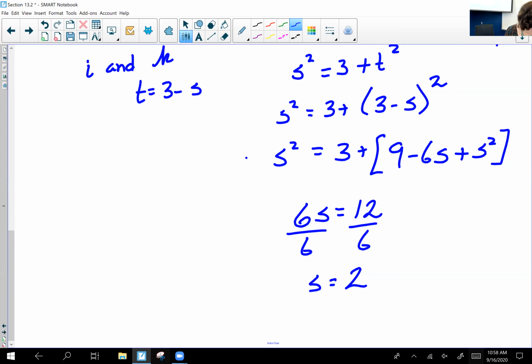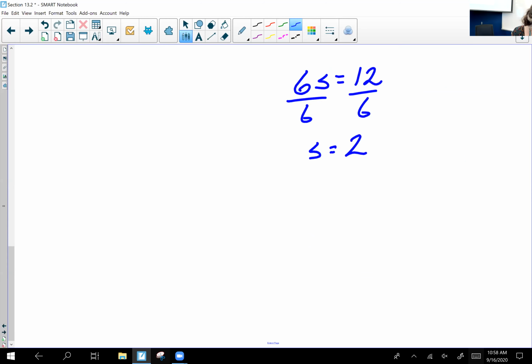Now we can actually find t. If we go back to the i component, which was t equals 3 minus s, then my t is going to be 1. We can do a check with the j component.